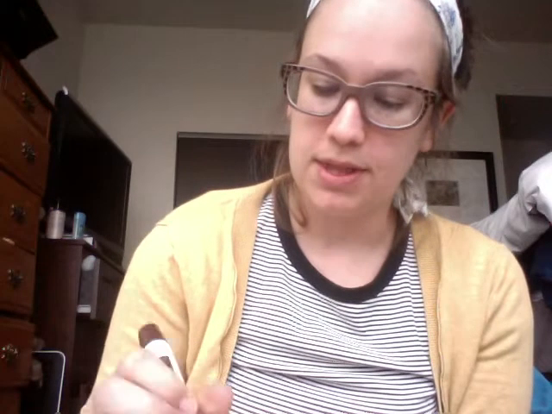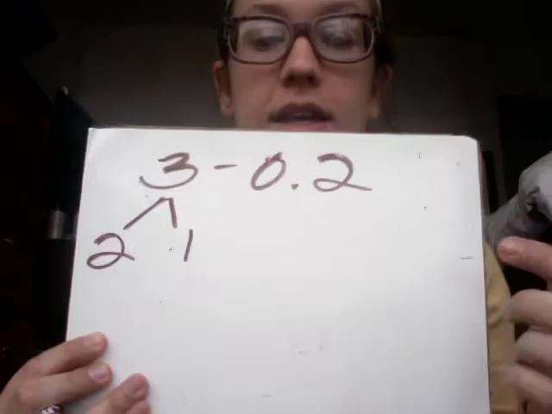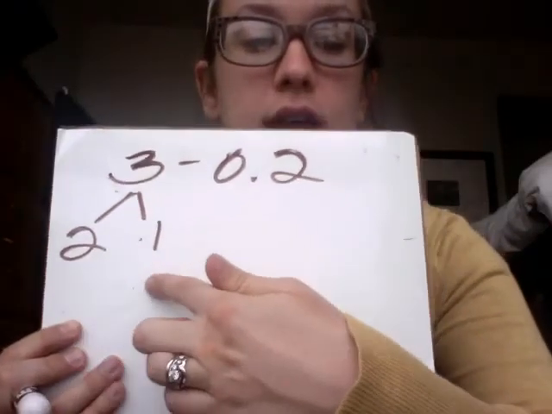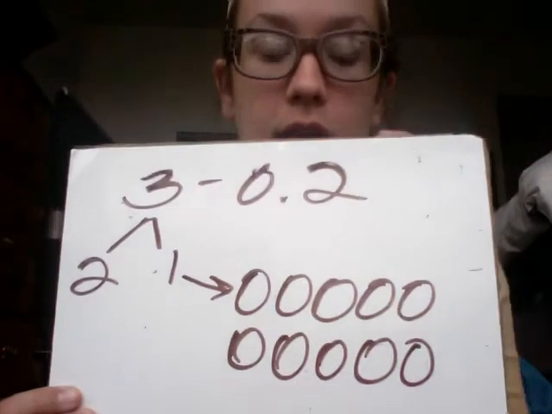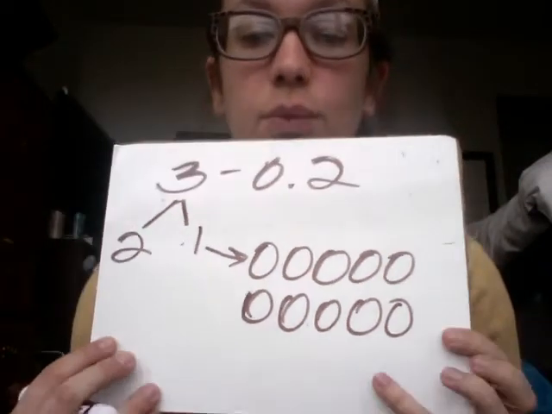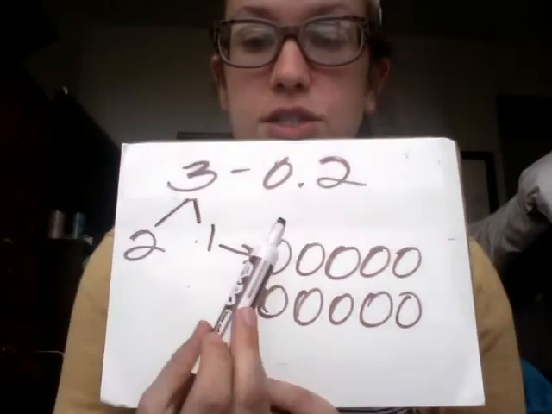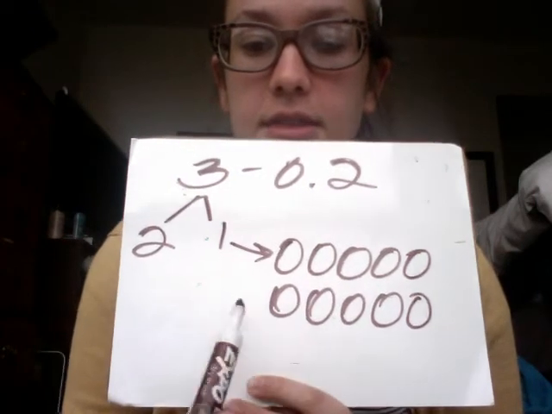Okay, so basically they split this, keeping 2 wholes. And they take one of their ones and they make it into 10 tenths. So by doing that, we can go ahead and subtract 2 tenths from these 10 tenths.